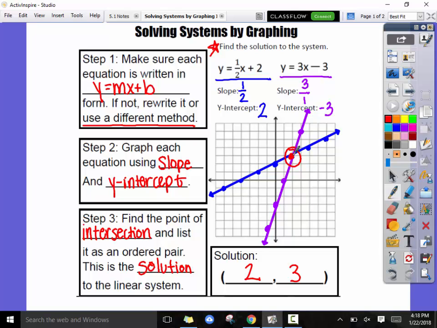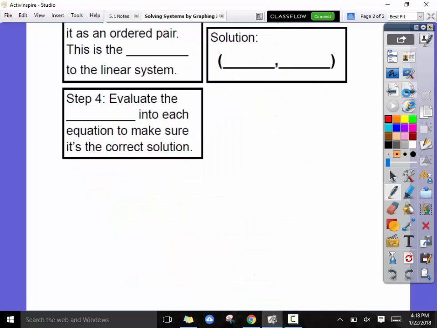Now what that solution means is that when I plug in 2 for x, I should get a 3 for y in both equations, because it's a linear system. It should work for both of those. So that's what step 4 is. Step 4 says evaluate the solution in each equation to make sure it's the correct solution. You had (2, 3) written down, and that means x was 2 and the y coordinate was 3.